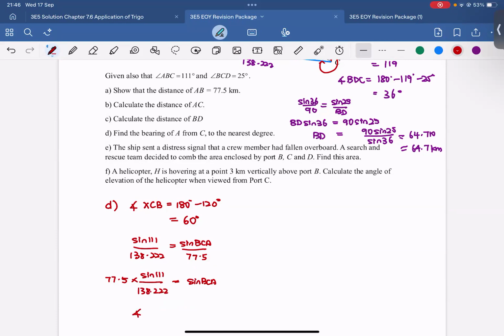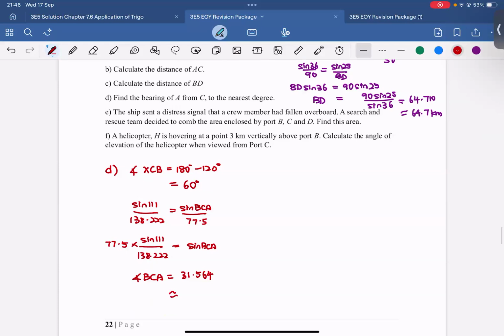So angle BCA equals to sine inverse. Then what do we have? You should get 31.564. Approximately 31.6 degree.